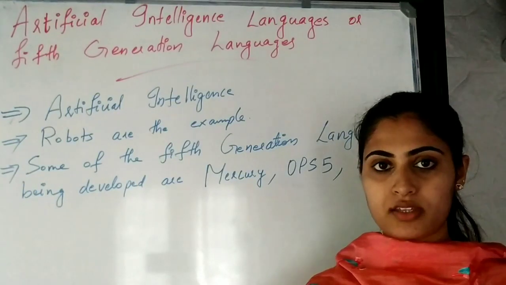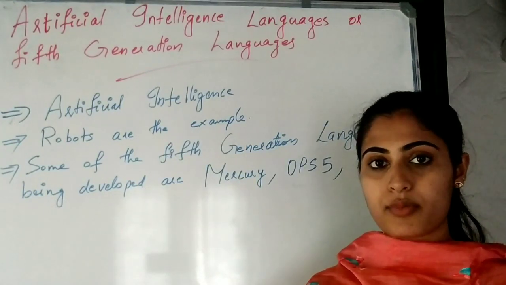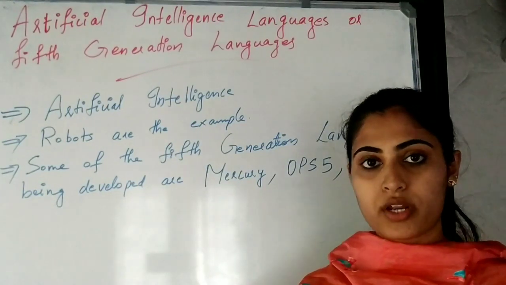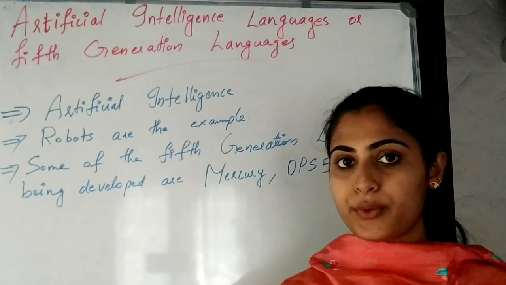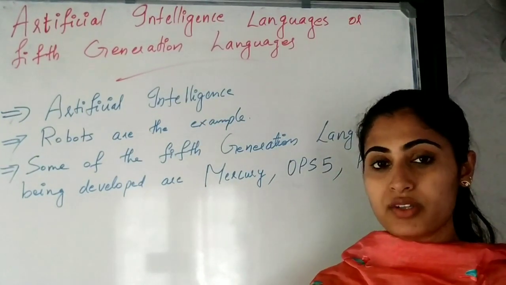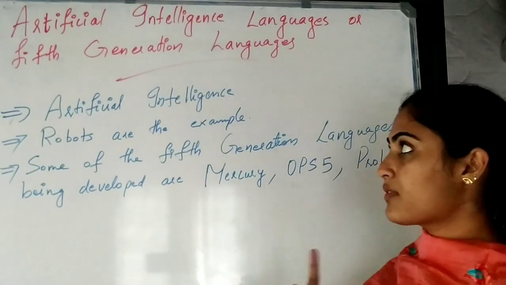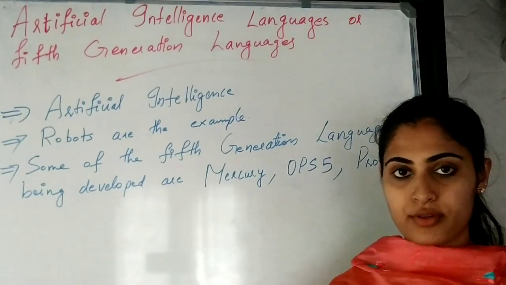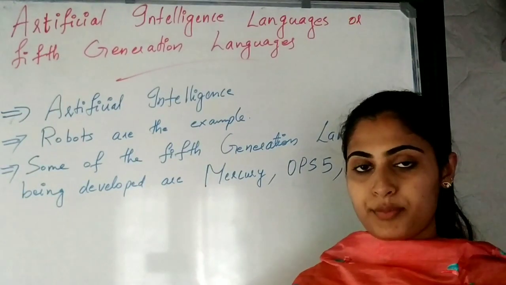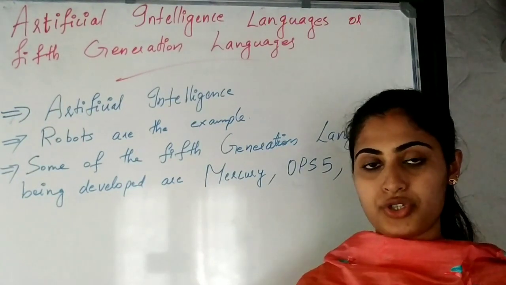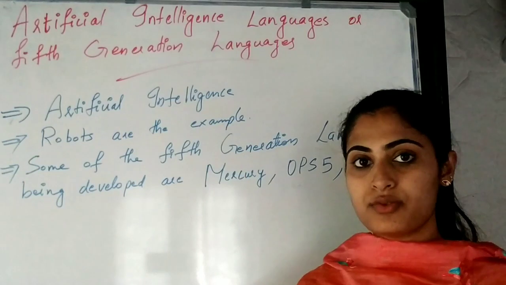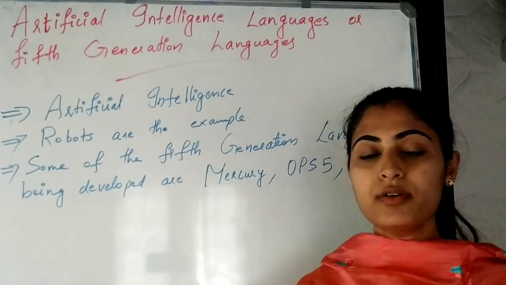Now a computer is able to solve problems with the help of a human being. But once these fifth generation languages get fully developed, the computers can take decisions or do activities without the help of a programmer.